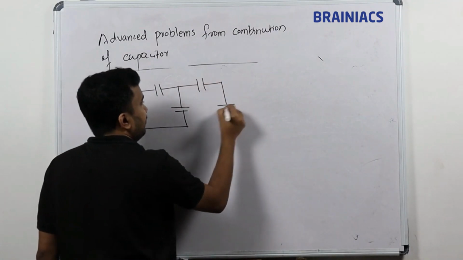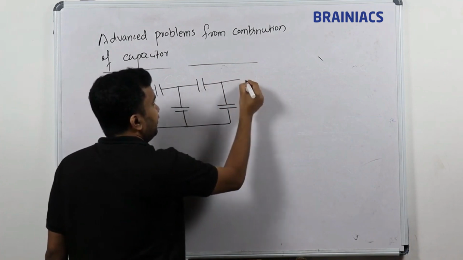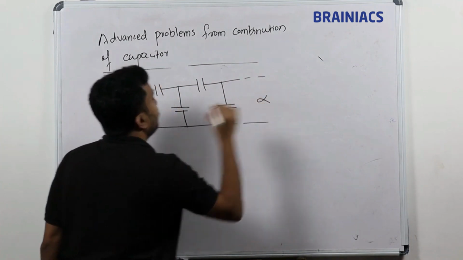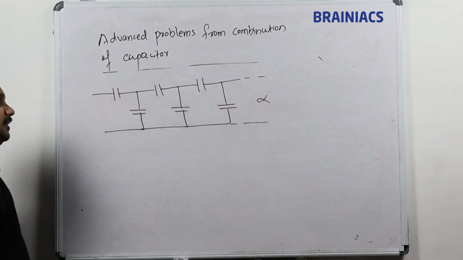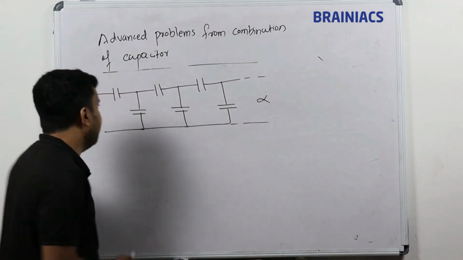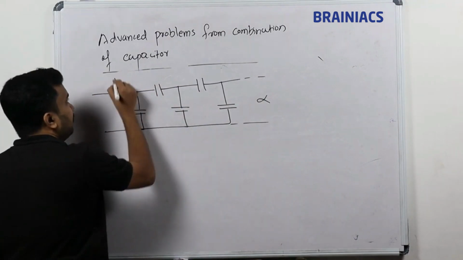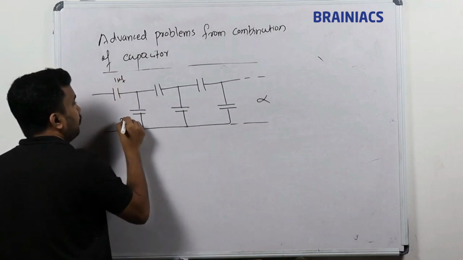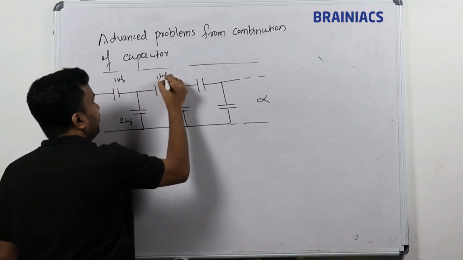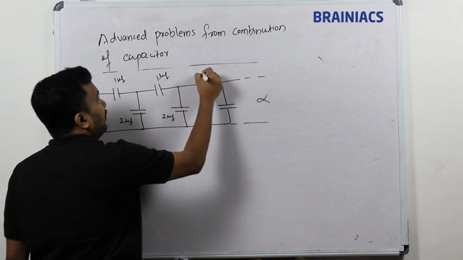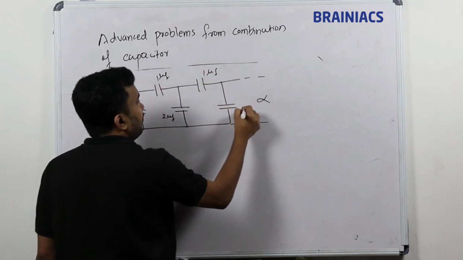This is an example of a network going to infinity. Here you have to see what part is repeating. I am giving 1 microfarad, 1 microfarad, 2 microfarad, 1 microfarad, 2 microfarad, 1 microfarad, 2 microfarad.